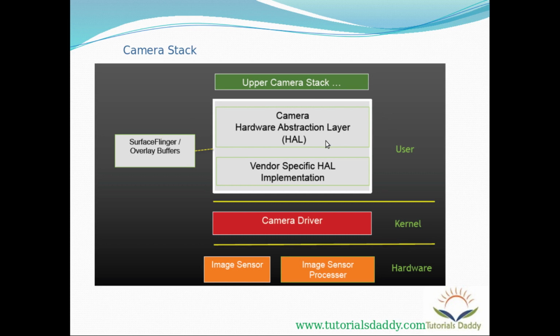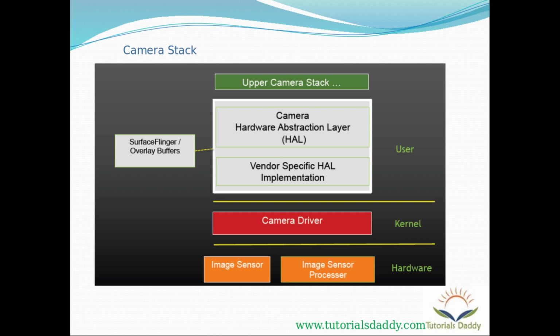Basically we have the camera hardware abstraction layer. The HAL is also divided into two parts: one is the vendor specific HAL, and the other one is the Google HAL. Because Android is launched by Google, Google gives you a native HAL. Native HAL means that up to that point all the calls will be generic. As I mentioned, each embedded device will have a different chipset, maybe Qualcomm based, Samsung based, or company X or Y based. And HAL is dependent upon the hardware, and it abstracts the complexity of the hardware, right?